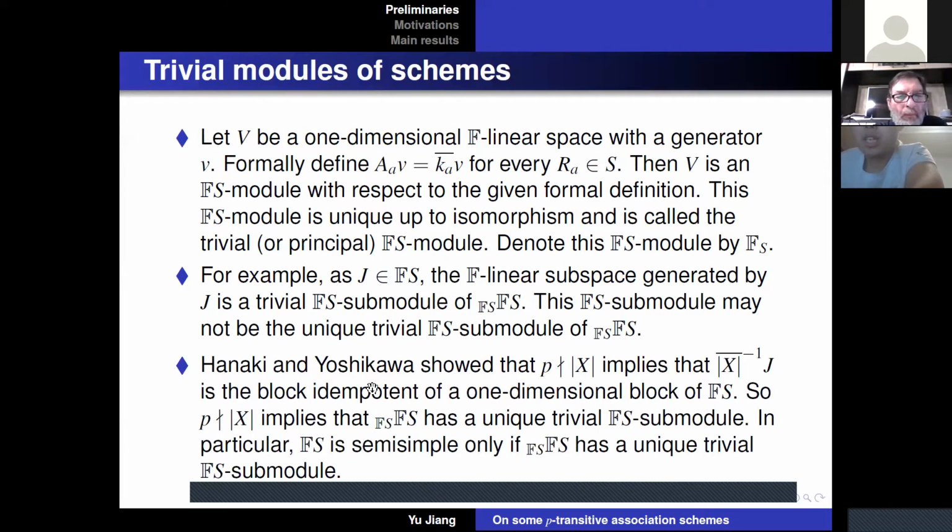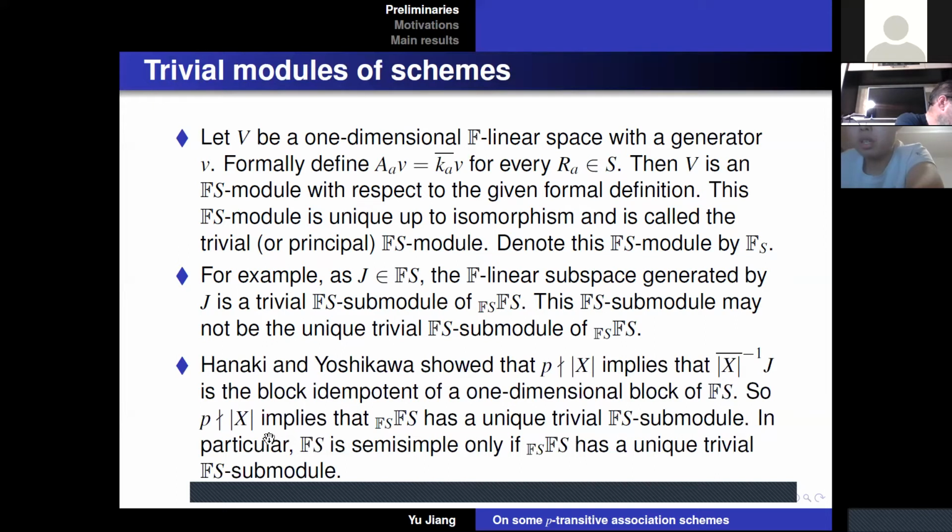Hanaki and Yoshikawa show that if p does not divide the valency of S, it implies that this element is in FS. This element is the block idempotent of a one-dimensional block of FS. So this condition implies that the regular FS-module has a unique trivial FS-module.